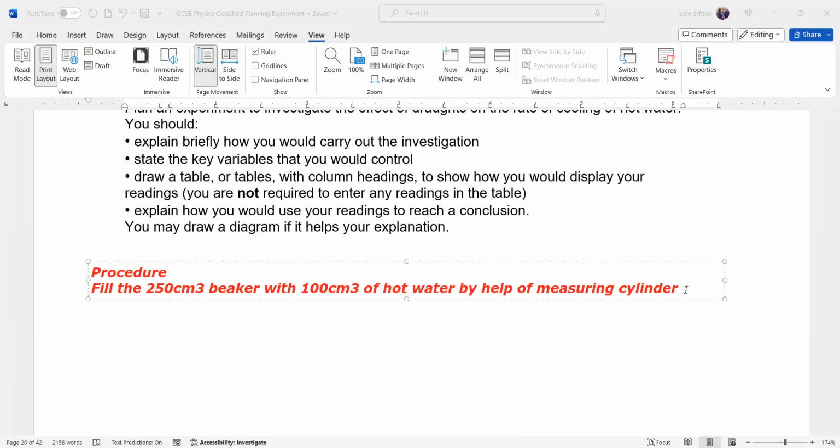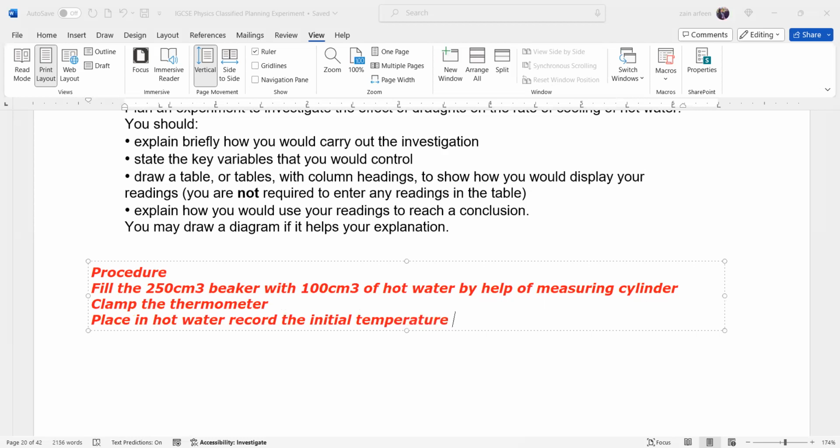Now, then what do we do? We clamp the thermometer, then place it in the hot water, record the initial temperature, then start the timer and use fan speed level 1.